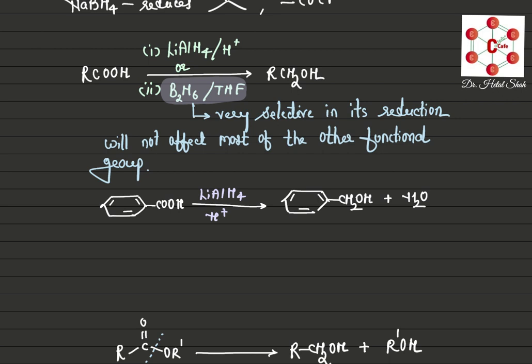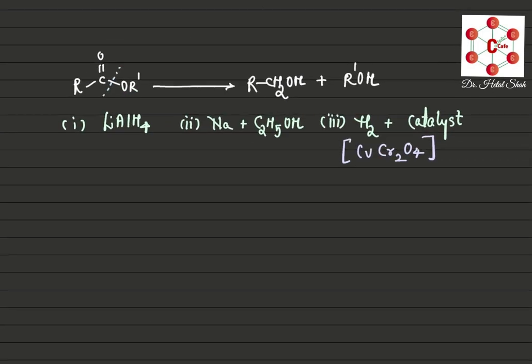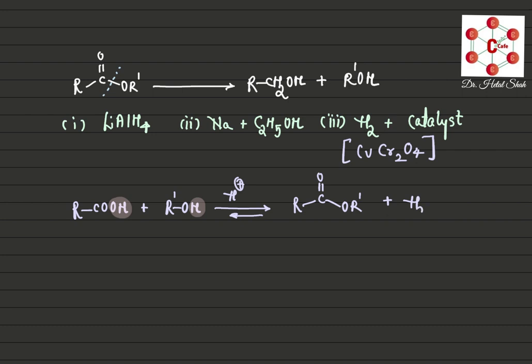So on an industrial scale, what you need to do is convert that acid into an ester first by reacting it with alcohol. There's this H plus catalyst. Water is lost, you know that? Esterification. Water is lost, alcohol loses H, acid loses OH, and it's a condensation reaction. R, C double bond O, OR dash plus H2O.